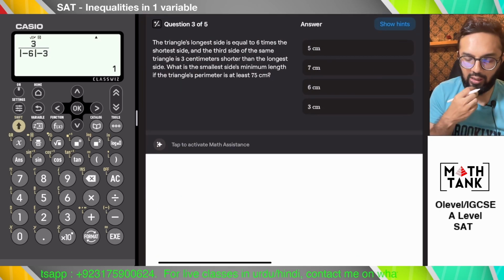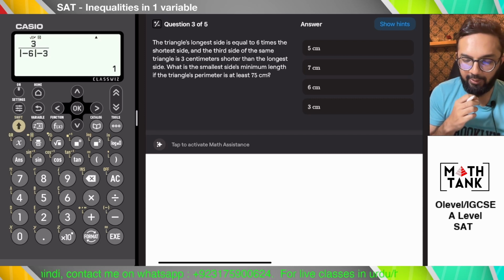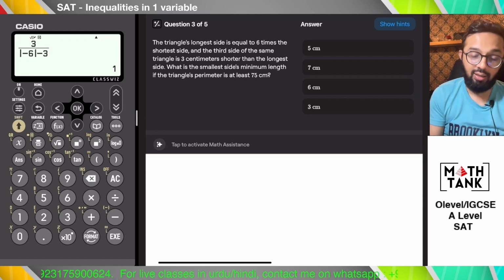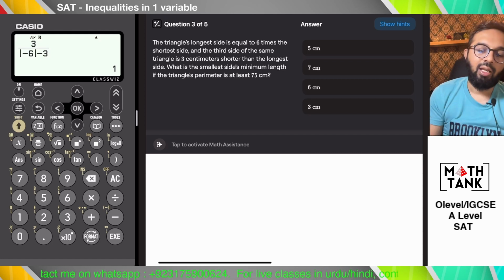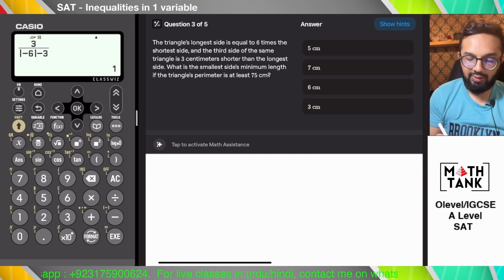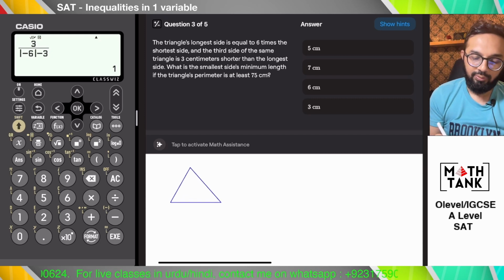Let's see this. The triangle's longest side is equal to 6 times the shortest side, and the third side of the same triangle is 3 centimeters shorter than the longest side. What is the smallest side's minimum length if the triangle's perimeter is at least 75? So let's draw three sides: shortest, medium, and longest.